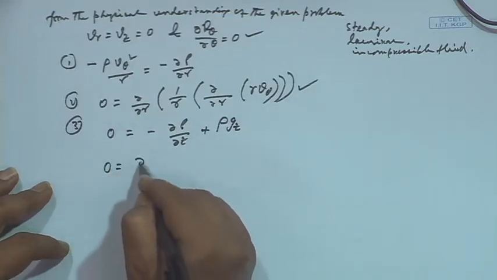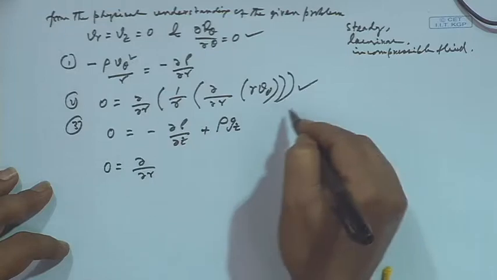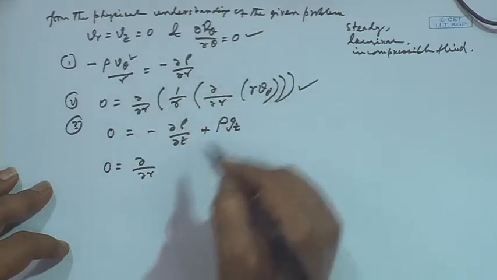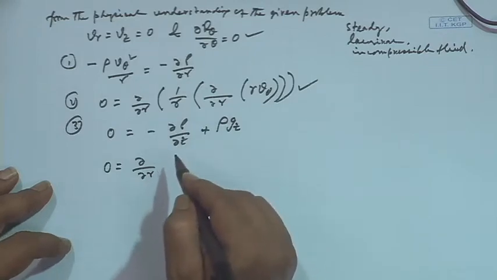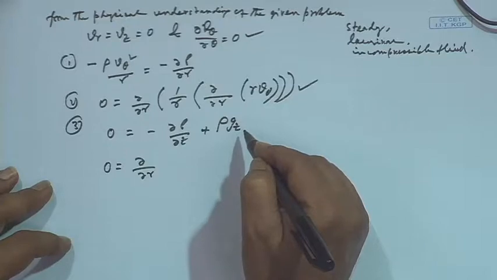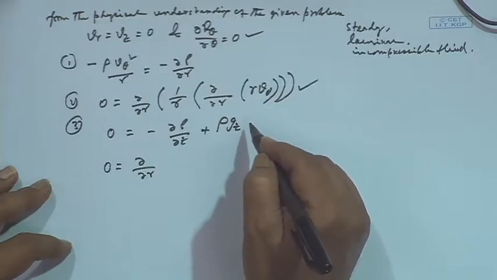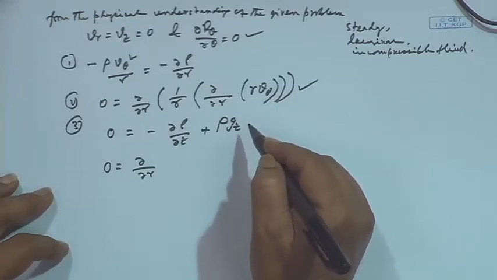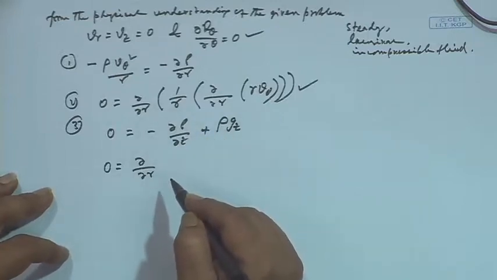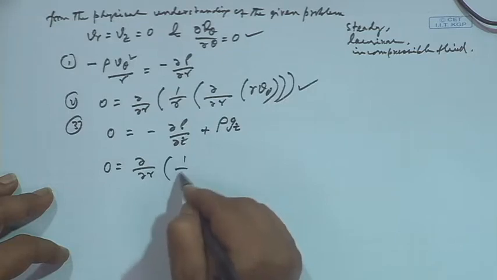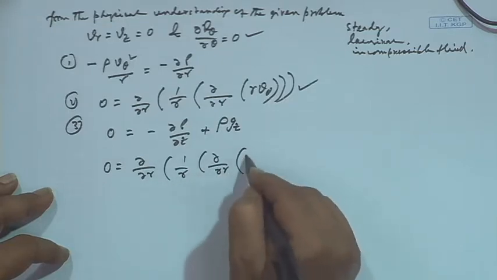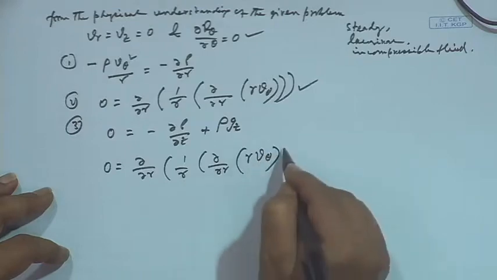Here V theta is there, here also V theta is there, but from here it is difficult, because obviously you will take the one where your solution is feasible.